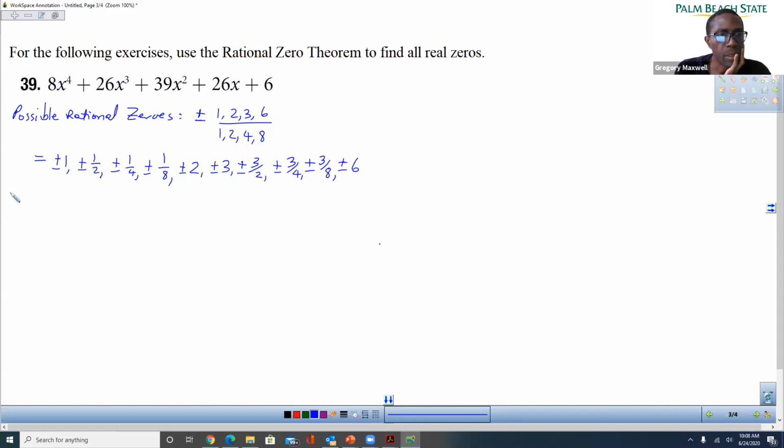Now, because there's no sign change, let's put it this way. If I do f of x equal to 8x to the 4 plus 26x cubed plus 39x squared plus 26x plus 6, f of x has no sign change.